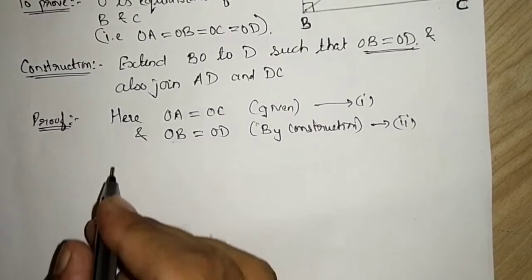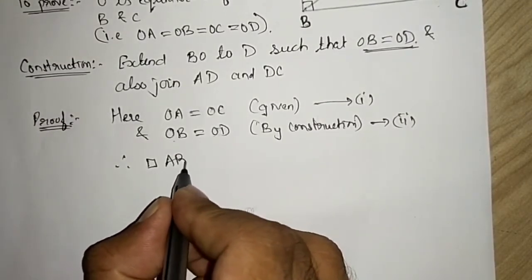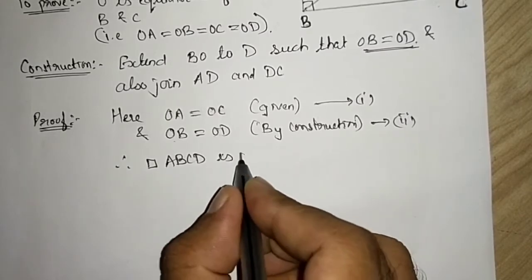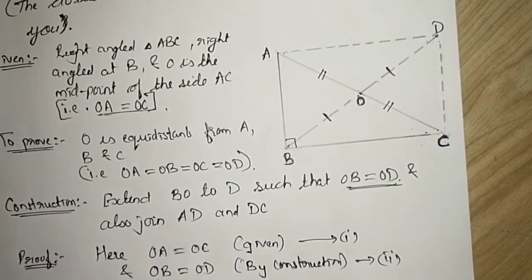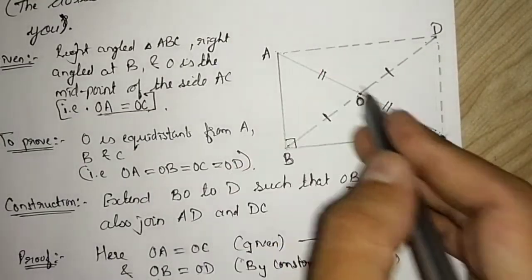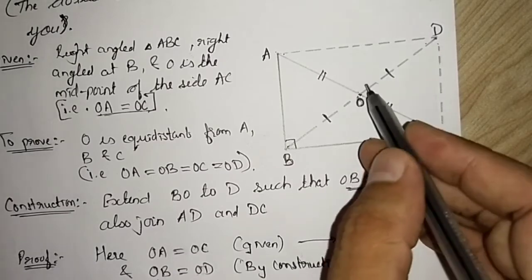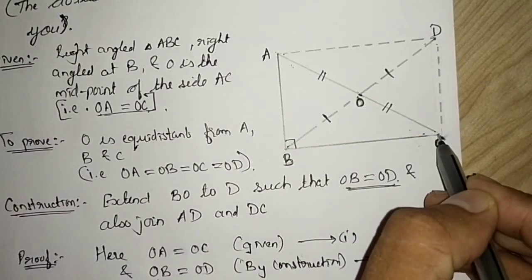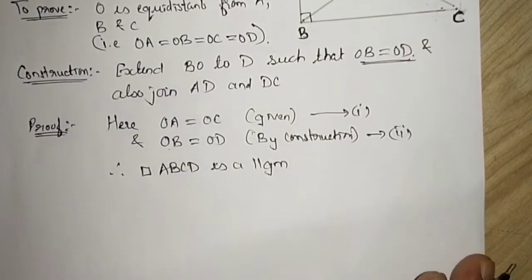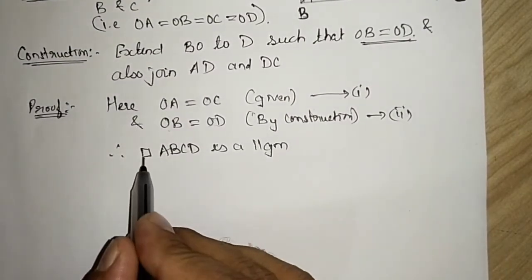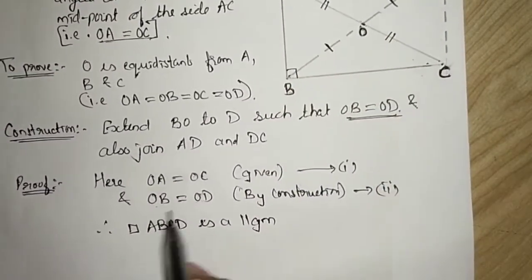So can I say therefore quadrilateral ABCD is a parallelogram? Why? Because in a parallelogram diagonals bisect each other. And what is the meaning of bisect each other? That means OA is equal to OC and OB is equal to OD. That is the meaning of bisect. So we can say that the quadrilateral which is formed right now is a parallelogram.